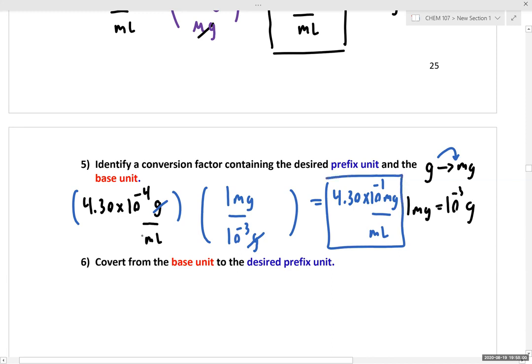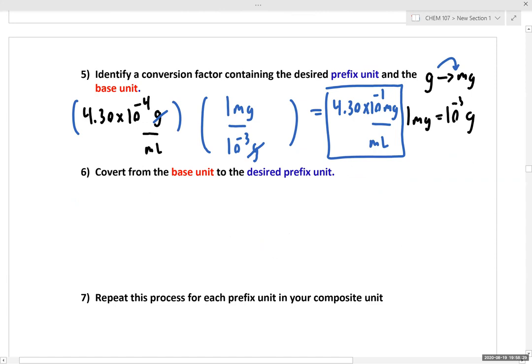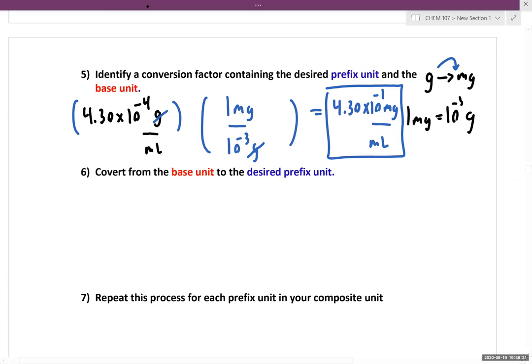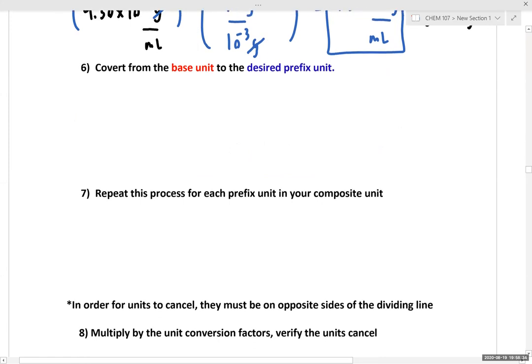Notice the milliliters still haven't been addressed. Does this first step make sense? This first step we've done actually a few times today and in this past lecture. Does this make sense so far? Perfect. Okay, so we've converted our first prefix unit.